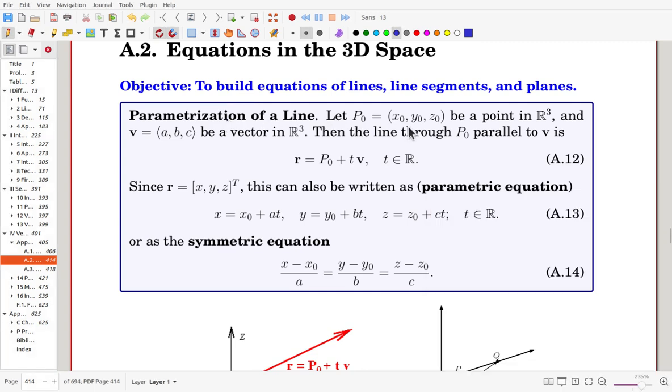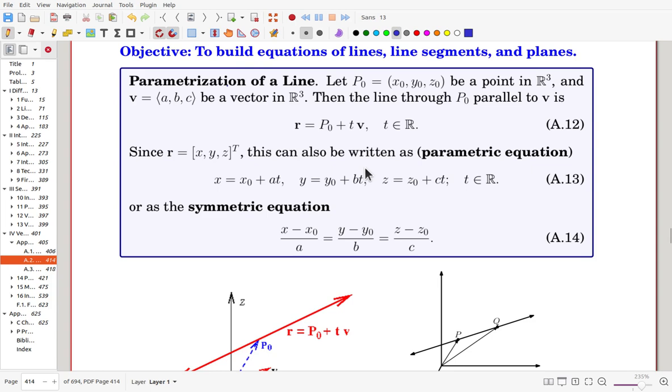P0 is a point in R3, and V, having three components A, B, C, is a vector. Then the line through P0 parallel to V is defined as in this equation.